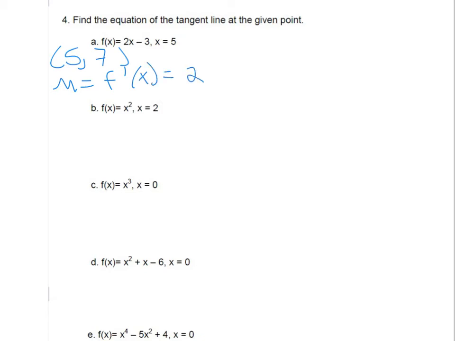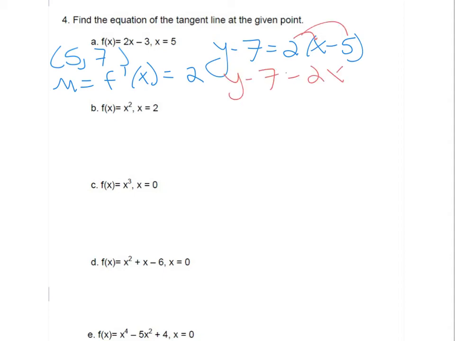So the slope, f prime of x is 2. Well, when you plug in 5, the slope's still going to be 2, so we get y minus 7 equals 2 times x minus 5. If you want, you can distribute that 2 and add the 7, and that's also a correct answer.